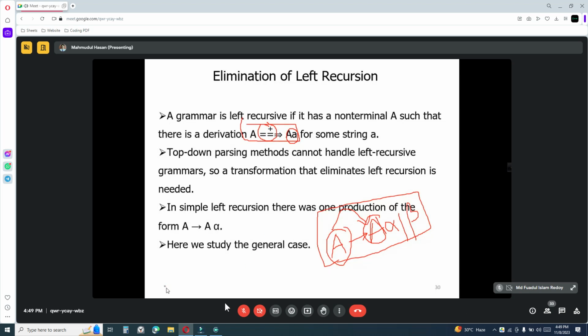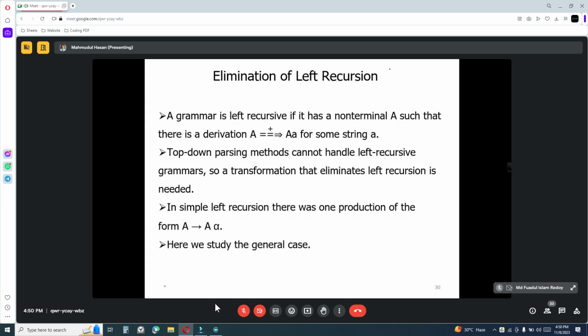And left recursion, we know, is a problem of compiler design. So we need to eliminate this problem. Why is it a problem? Because it will produce an infinite loop. There is a possibility of producing an infinite loop. That's why it's a problem. I forgot to mention this one.